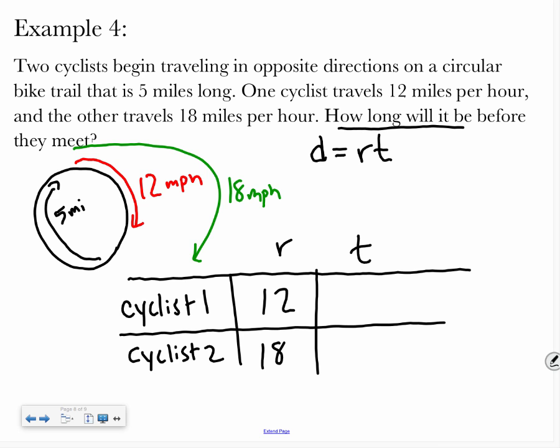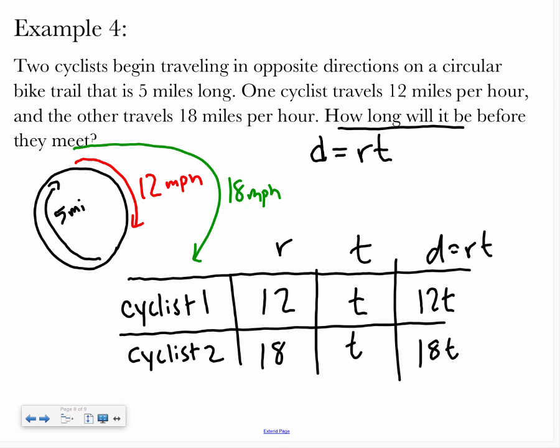That means that the time has to be equal, right? Because they can't meet each other unless it's been the same amount of time. So we represent time in this instance with the t. And then we know distance equals rate times time. So we have 12t, and then we have 18t.